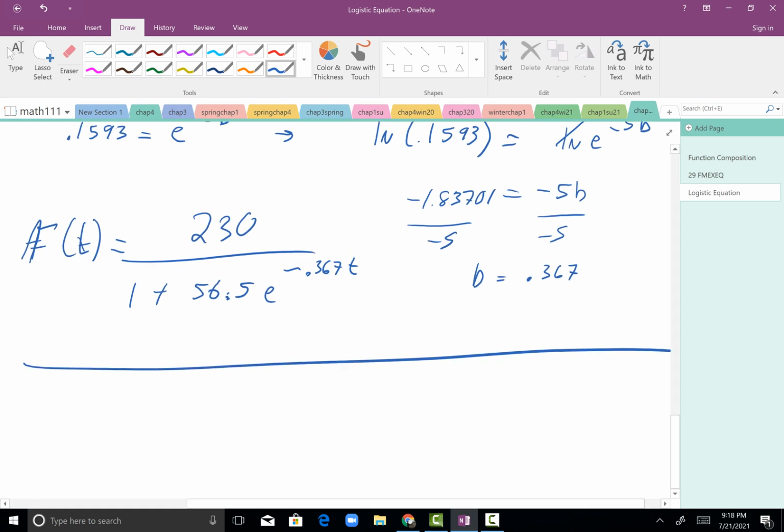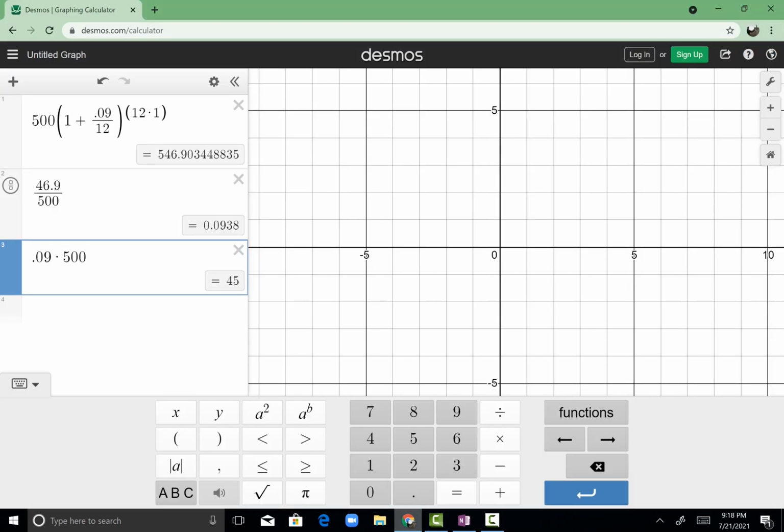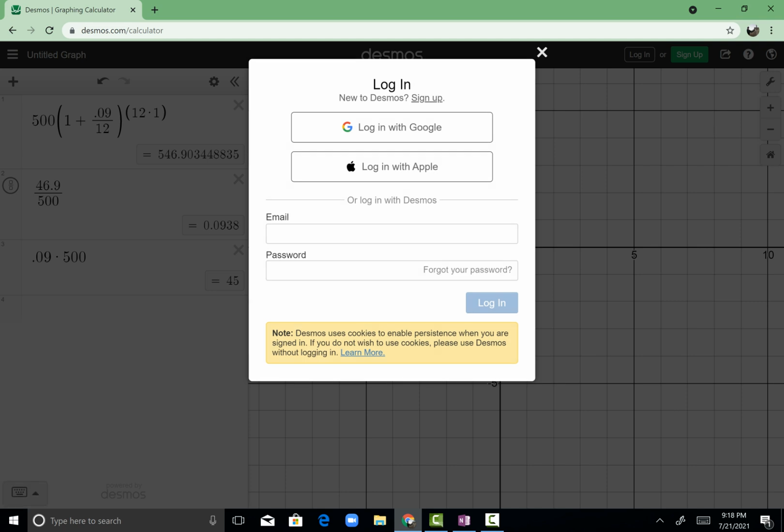Now, I wanted to show you some stuff in Desmos. So let me go to Desmos. I think I'm signed in. Let me log in here.